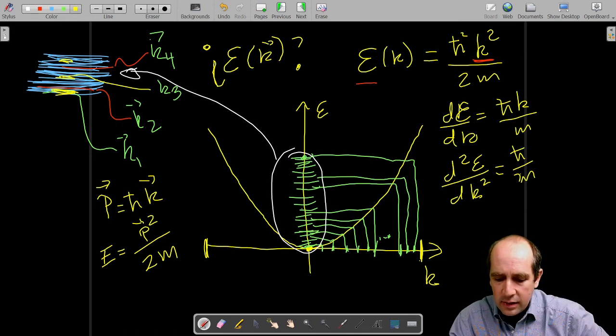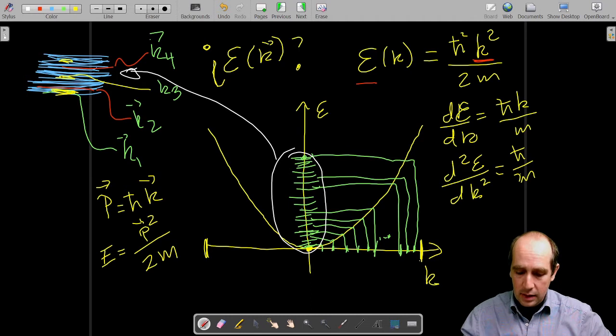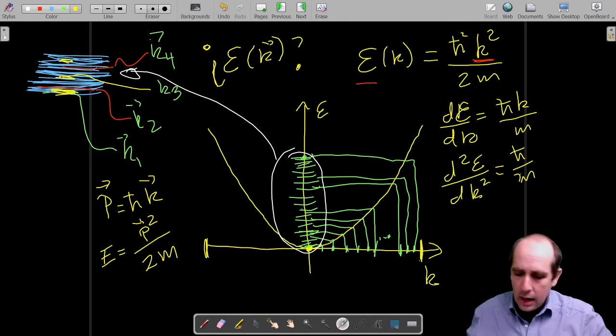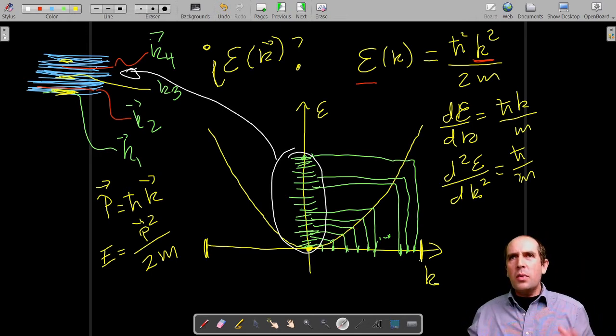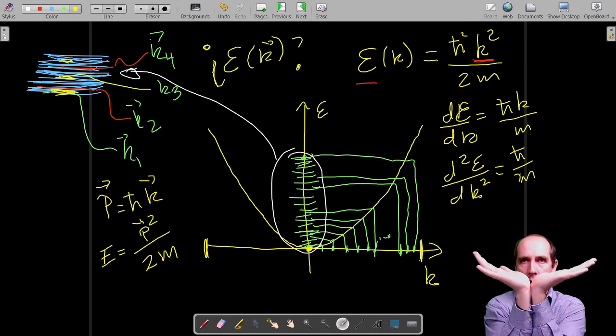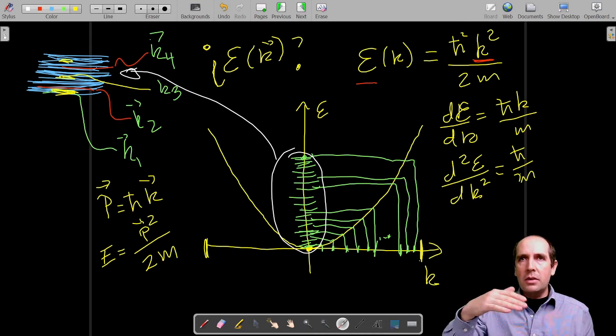So what this means is that the curvature, if we look into this quadratic relationship, so this parabola, what does the second derivative of a parabola measure? Geometrically, when we have a very flat parabola, the second derivative will be very low.